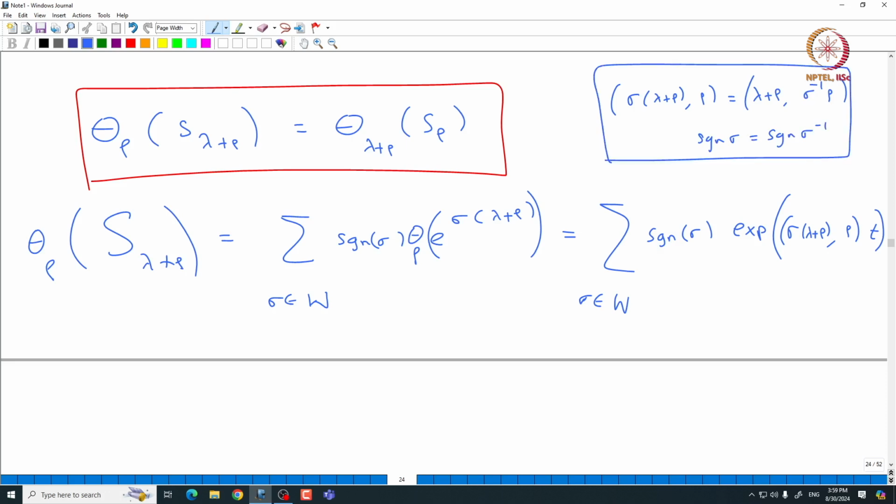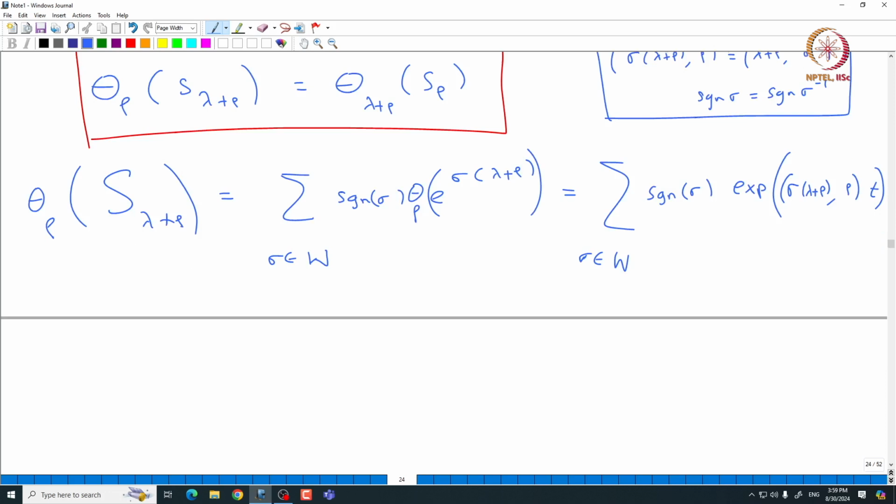So, using these two observations you can rewrite what is on the right hand side. That is going to be exactly equal to the summation over sigma in W of sign of sigma times the exponential of lambda plus rho comma sigma rho times t. Now, the inner product is indeed symmetric.